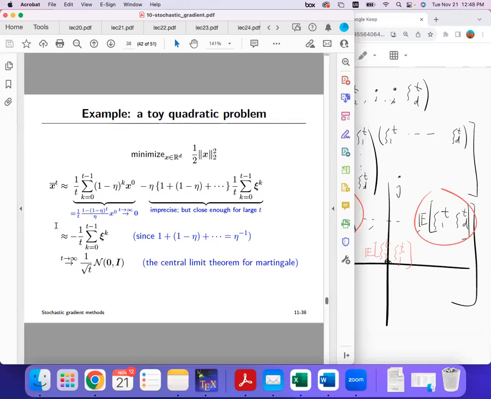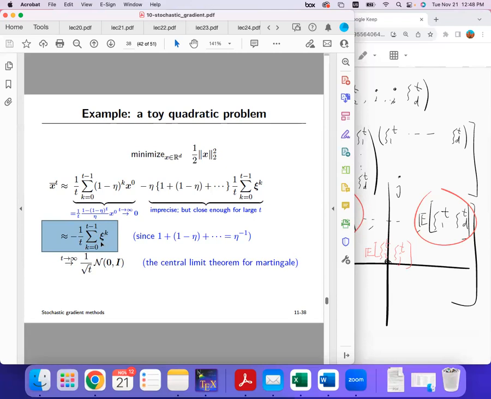From here you can see the advantage of using the weighted average. By averaging over xt, we end up with an average of all the noise.